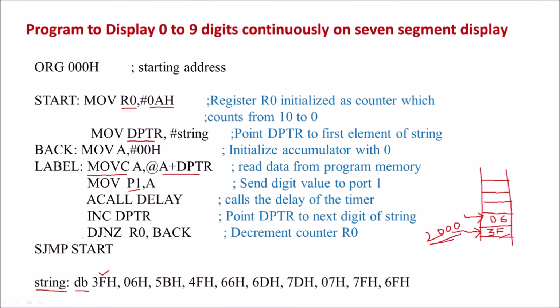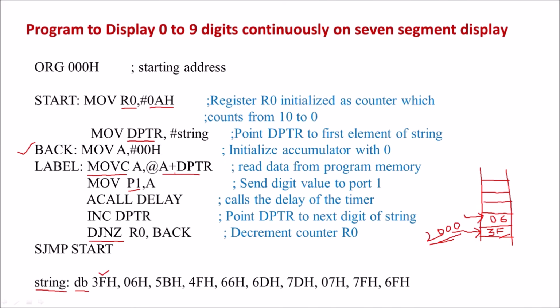For that we have used the instruction DJNZ: decrement this counter R0 by 1, and if it is not 0 then go to label back. So what it will do: now the accumulator holds the 7 segment code, we'll initialize the accumulator again with 00, and DPTR is pointing to the next memory location, where the code 06, that is the code of digit 1, is stored.